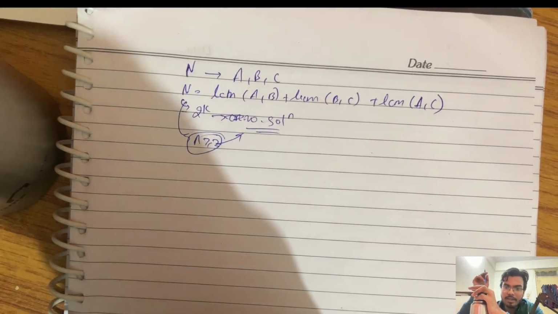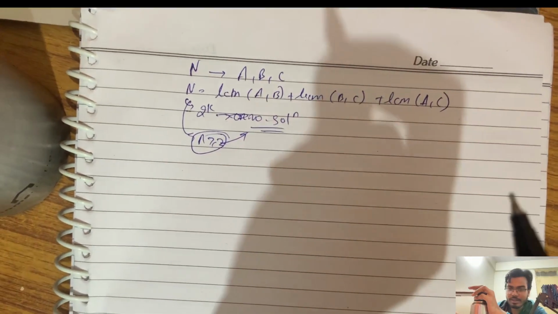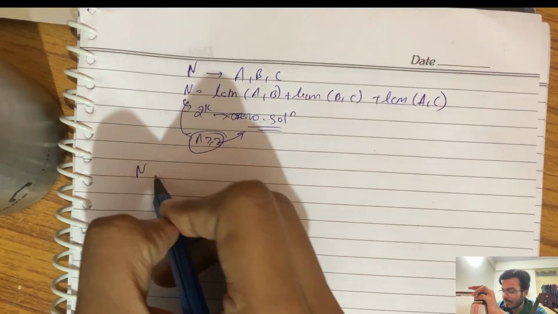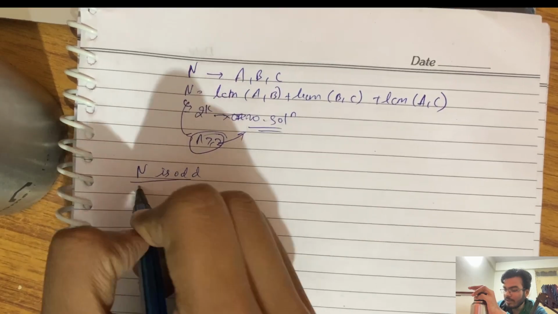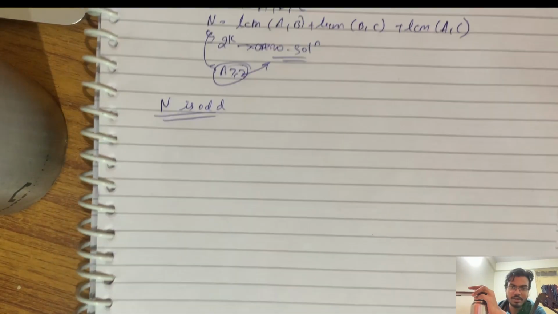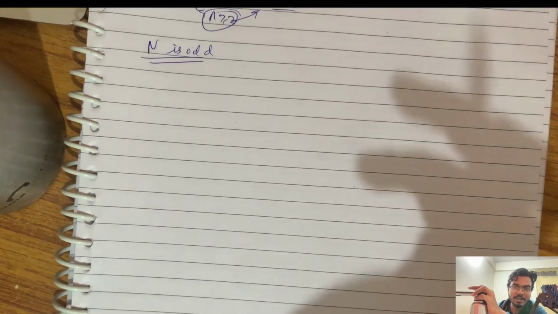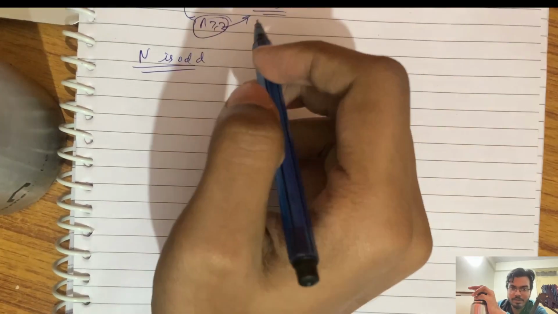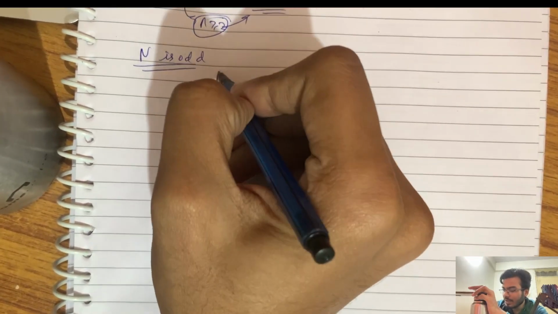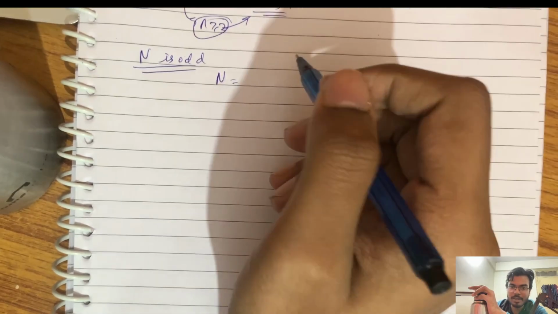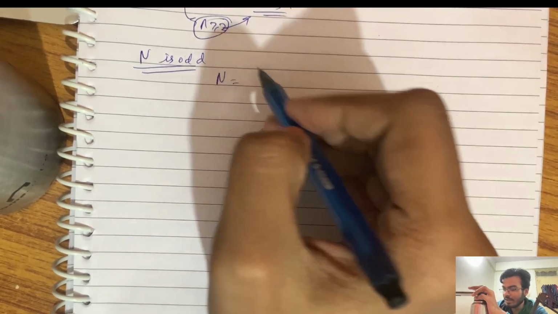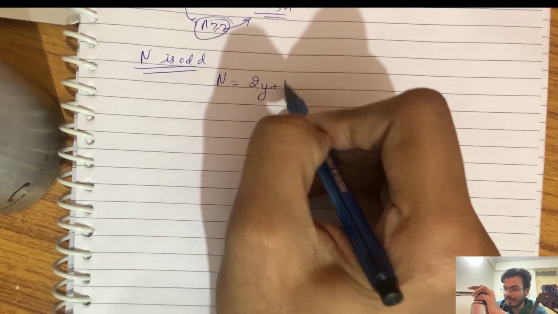Now we can divide this into two cases, like when n is odd and when n is even. So let's first see the case when n is odd, because that is an easier version to solve. So when n is odd, then by Euclid division lemma we can say that n is 2y plus 1, right?